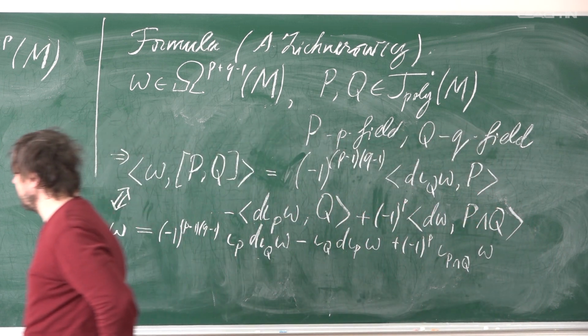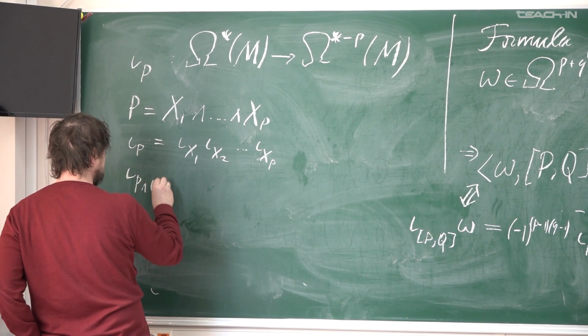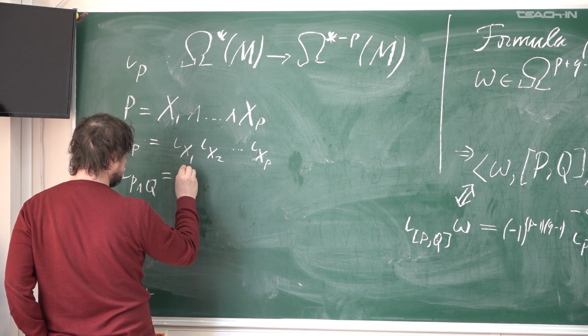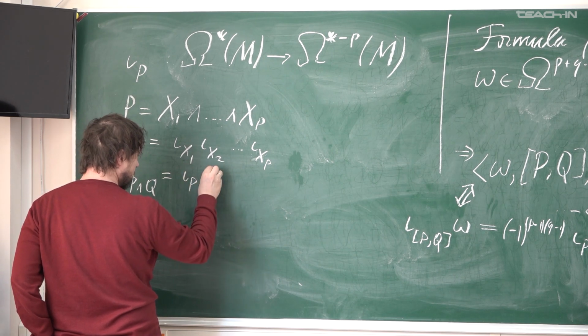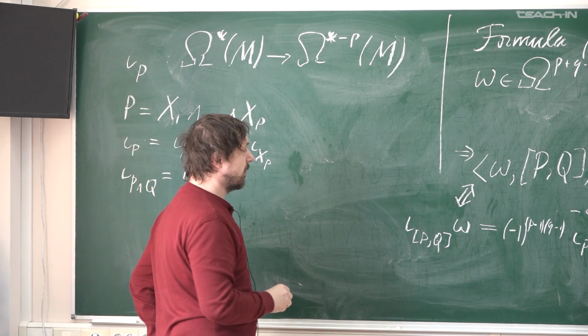And there are evident formulas like i_{p wedge q} is equal to i_p followed by i_q, or the opposite direction, whatever.